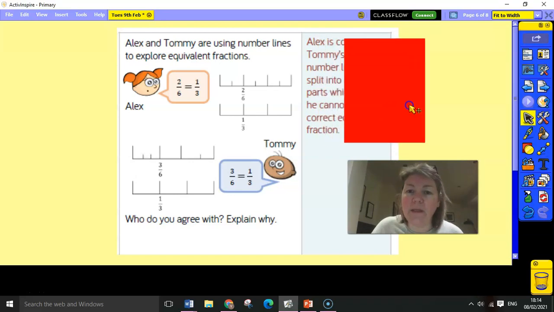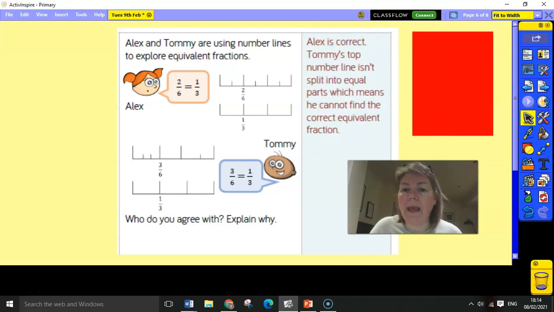Let's see who is correct. So Tommy is not correct. Alex is correct. The problem with Tommy is that his number line that's showing 6 isn't split into equal parts. And we can see that quite clearly here. We can see in this 6th here, he's got 2 smaller increments, whereas up here, he's only got 1.